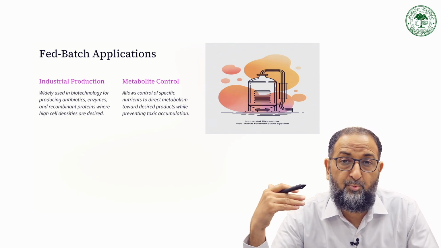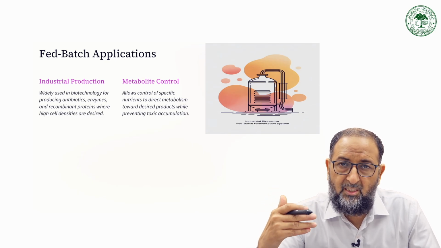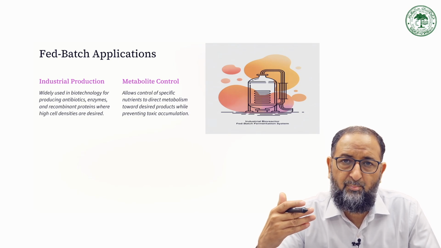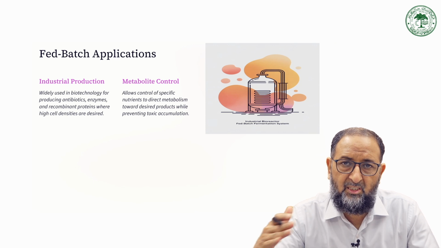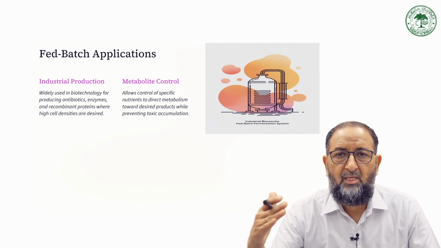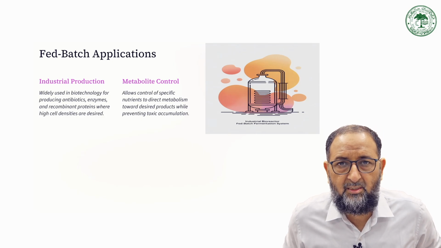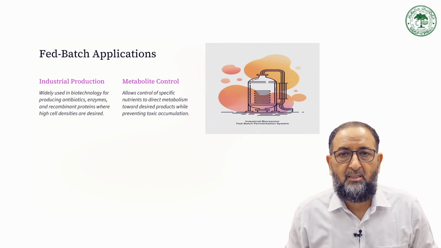So keep providing those metabolites, those nutrients to the bacteria in order to grow the physiologically active bacteria, so that after a period of time, 10 hours, 20 hours, 30 hours, or even overnight, you can get an ample amount of biodegradable plastic to be isolated as a product. So this is metabolite control.